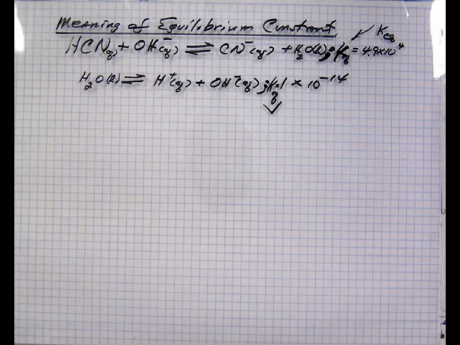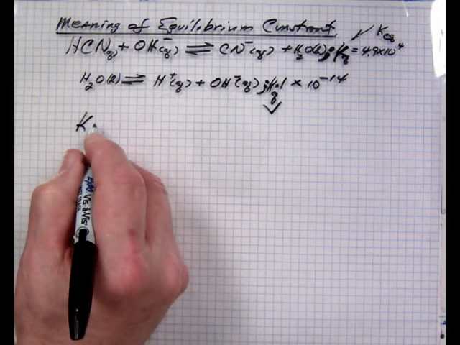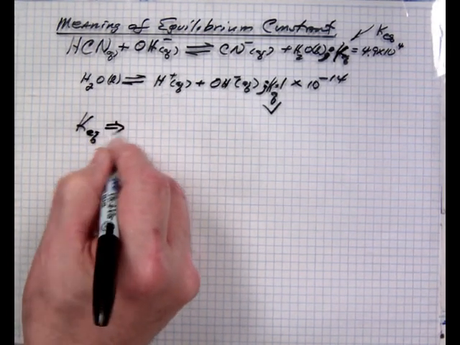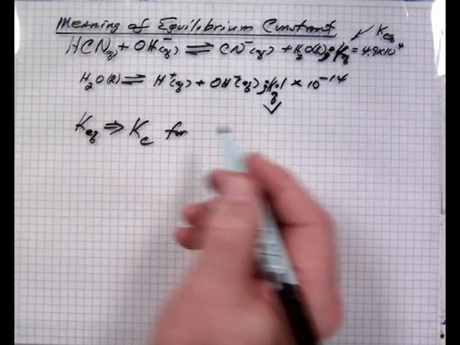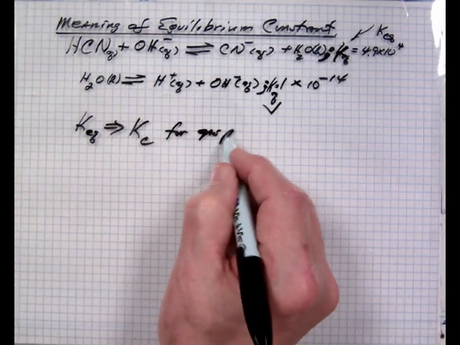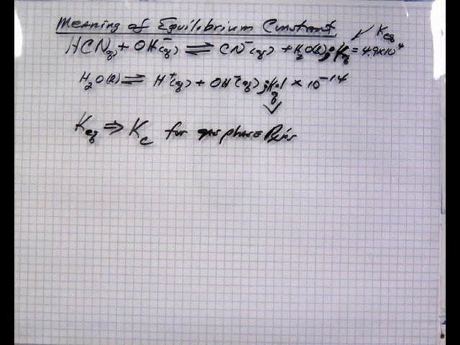Now this applies with a little discrepancy, but for the most part, as you go through this book, you'll find that the KEQ will be changed to a KC for gas phase reactions. Now, the K value does not tell you anything about the fact that it's a gas phase reaction. KC is used elsewhere also, but not nearly as much as it's used for gas phase reactions, especially in this textbook.